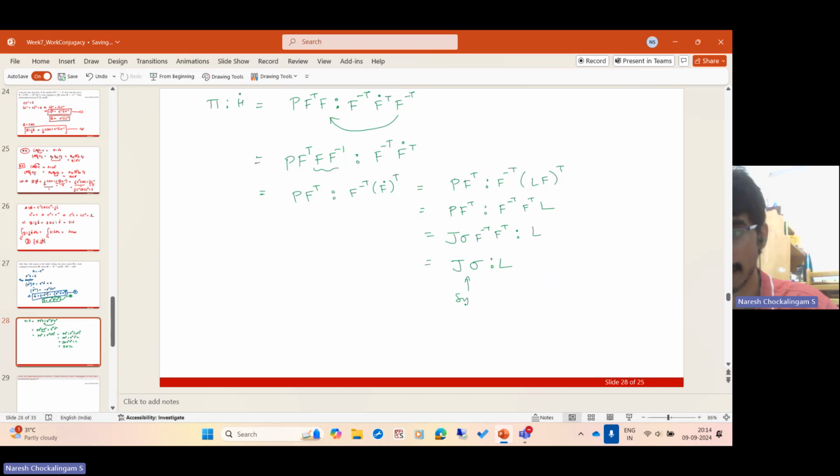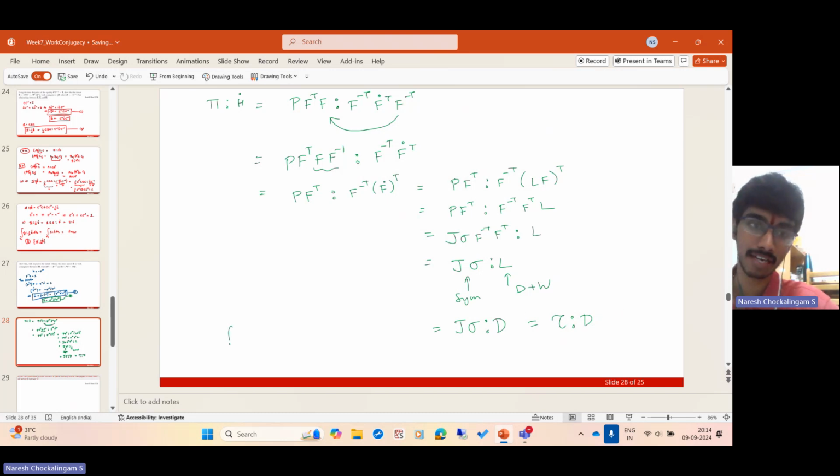This is a symmetric tensor. L has both symmetric and antisymmetric parts, but symmetric contraction with antisymmetric vanishes. So this is nothing but J sigma contracted with E, the Kirchhoff stress contracted with the rate of deformation tensor.